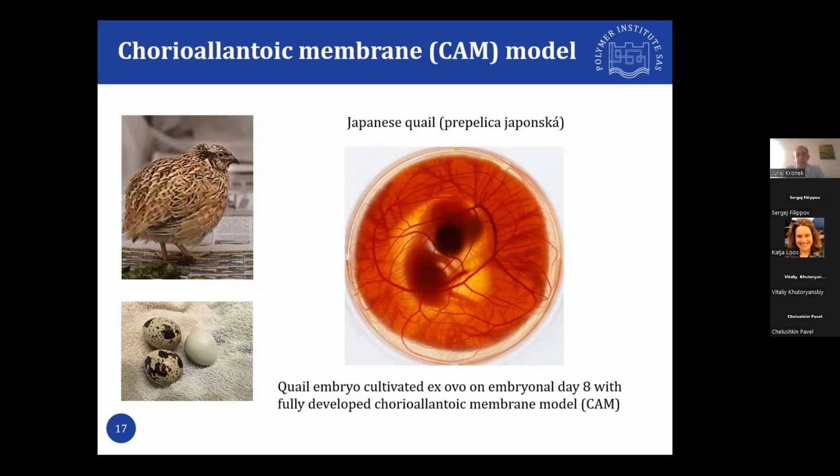The advantage of Japanese quail embryos over chicken eggs is the very fast development of the embryos. Already after 8 days, you have a living model for your experiment.